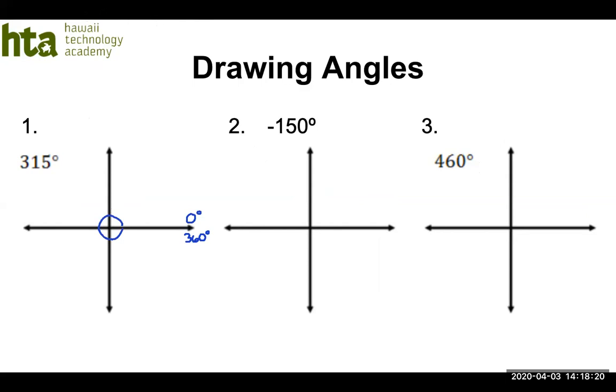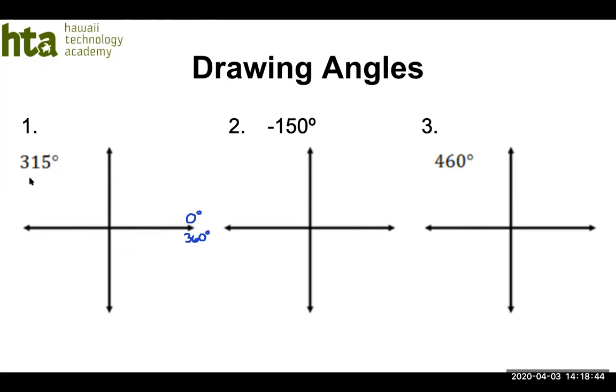So that x-axis serves 2 parts. It is 0 and it is 360. And every single revolution you do is 360 degrees. So that one revolution is 360. We can do a second revolution, that would just add another 360. We can do a third revolution, which would add another 360. So every revolution you do around this coordinate plane is 360 degrees.